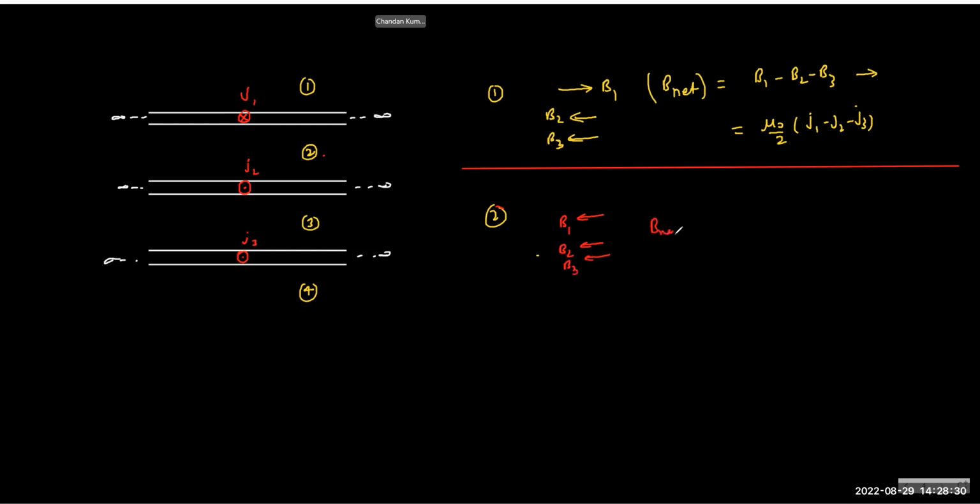So the B net here will be all left. We can just add 1 plus 2 plus 3, and we can say the direction is left. So it is mu naught by 2 times J1 plus J2 plus J3. Same, you can do it for 3 and 4. So this part we can do.